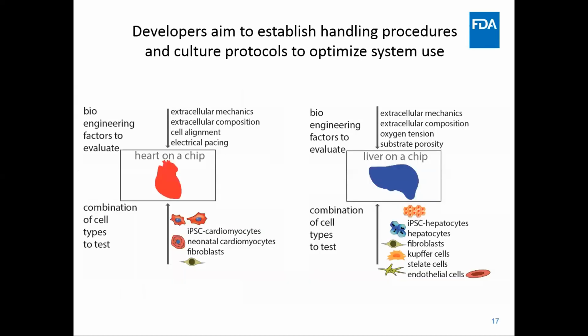So when we started talking with developers, we realized that for developers, this is how they see microphysiological systems in general. Here we're talking about heart and liver, but they basically see these systems to have bioengineered factors that are combined in microsystems and cells that are seeded or loaded into these microsystems and then cultured.